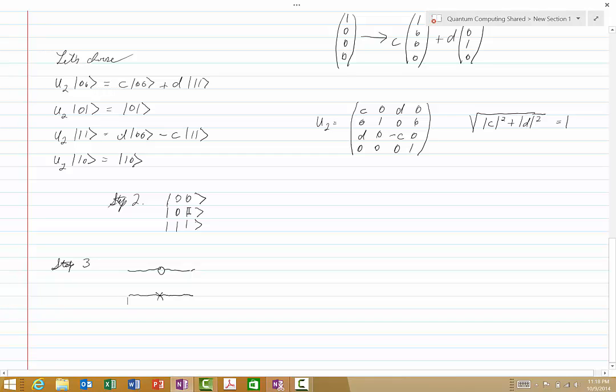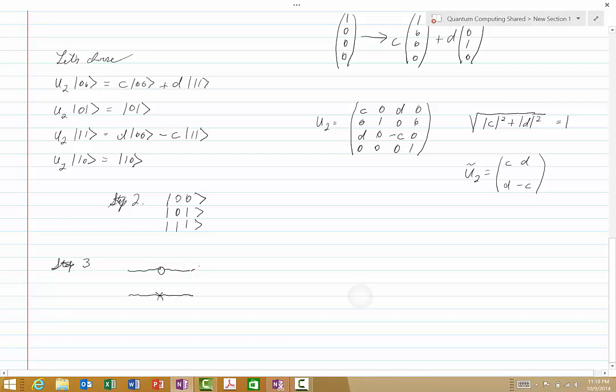Now that we're at the next to last step in our gray code, we look at our unitary matrix, and for this case, let's put it over here. U2 tilde is equal to C, D, D, minus C. Now, what bit do we apply this to? To answer that question, you look at your next to last state and your last state and see what bit they differ in, and these differ in the first bit.